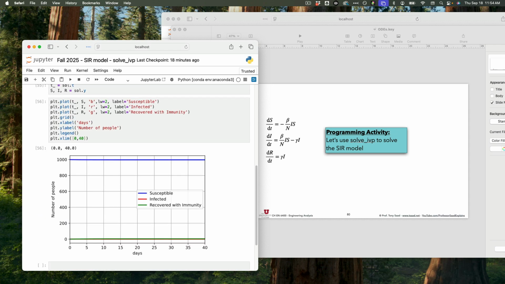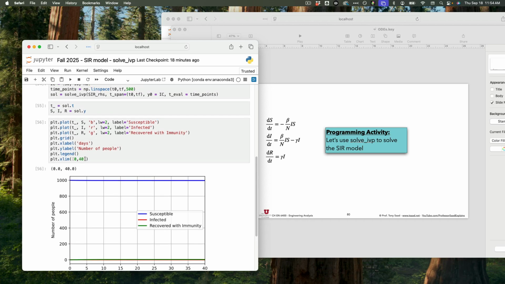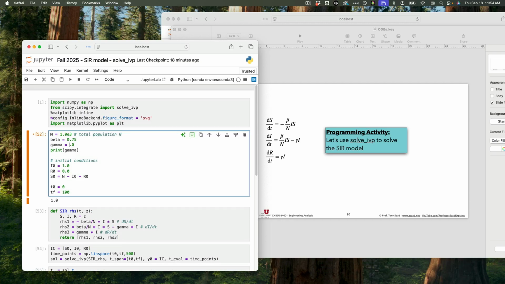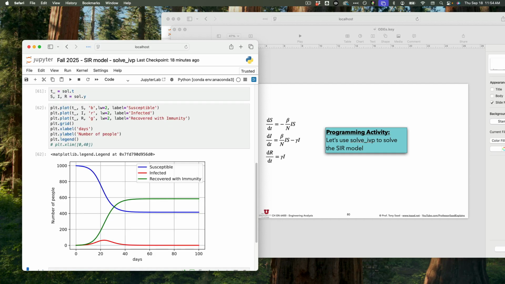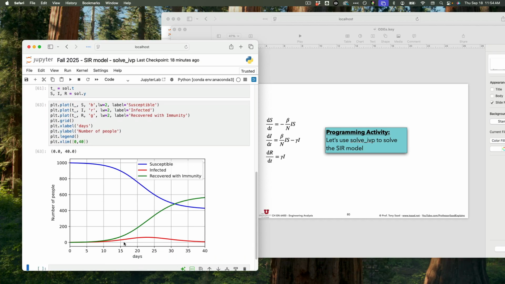Now we increased gamma, and look at that, it pushed everything way out. We can't even see anything anymore. That was a pretty big change. So let's see 0.5. Okay, so when we increased gamma, it took longer to recover.